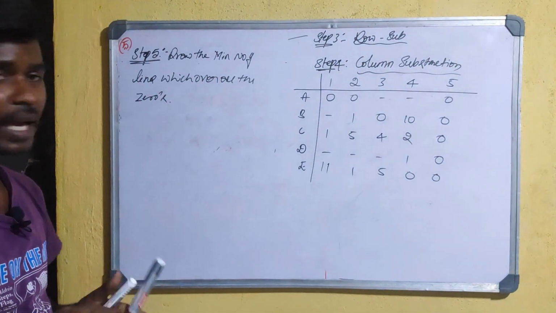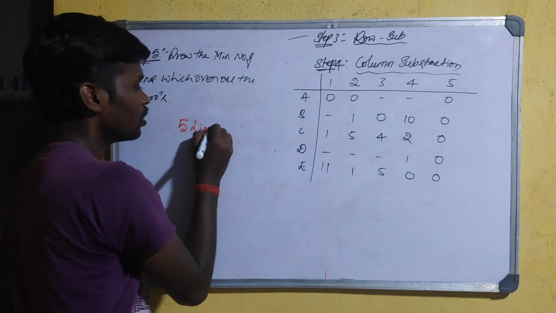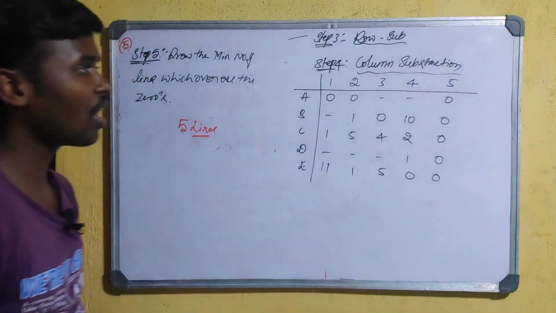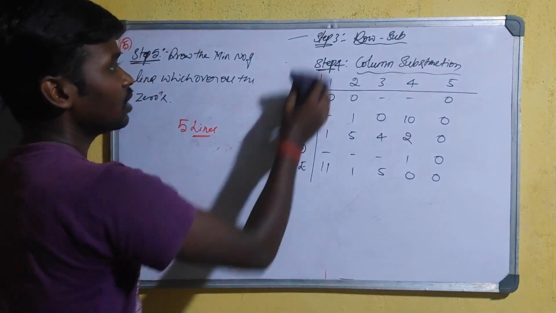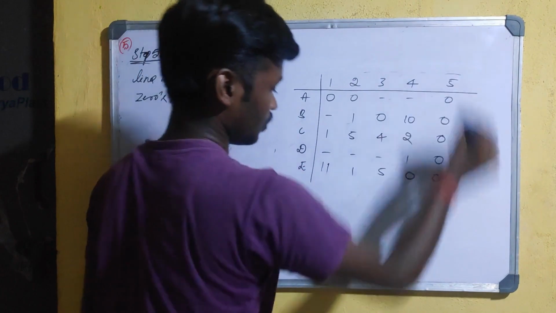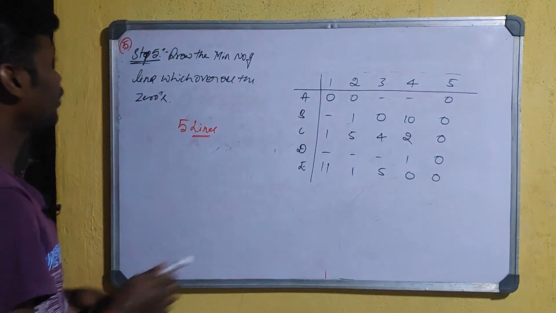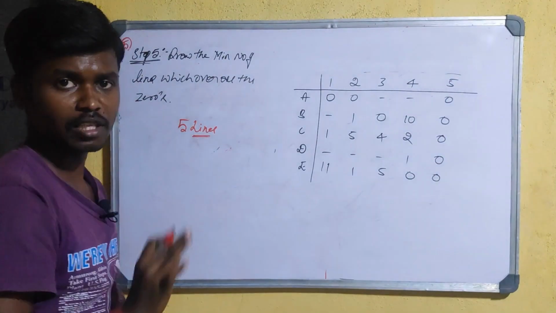So up to how many lines we have to use? Up to maximum 5 lines we have to use it to cancel all the zeros. Okay, so I will use this same matrix because I have to write it again. Okay, see, we have to draw the minimum number of lines which cover all the zeros. Maximum 5 lines we can use.